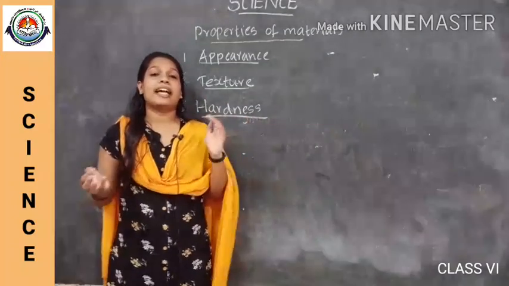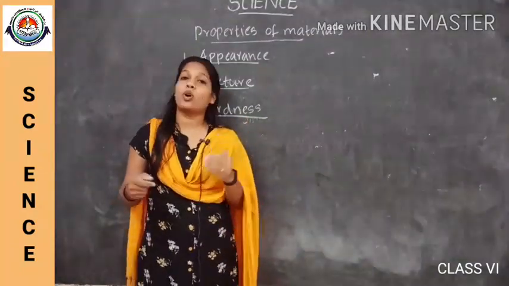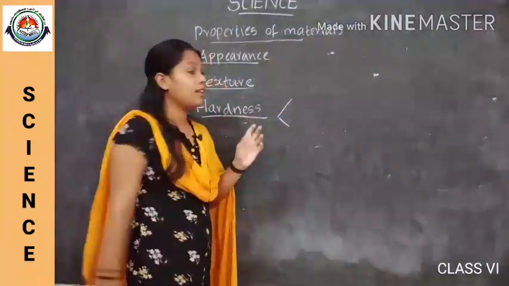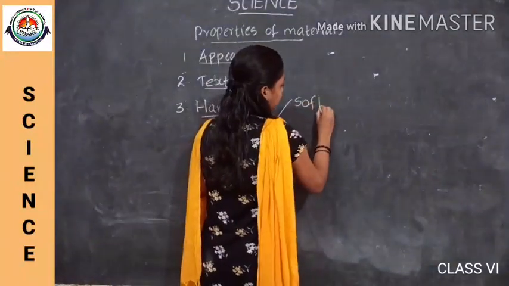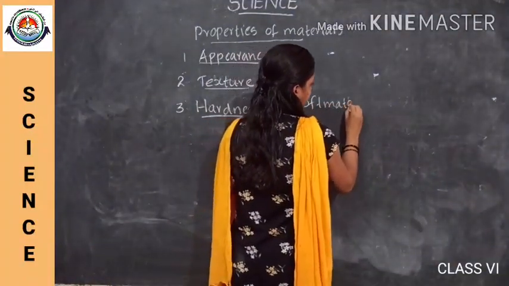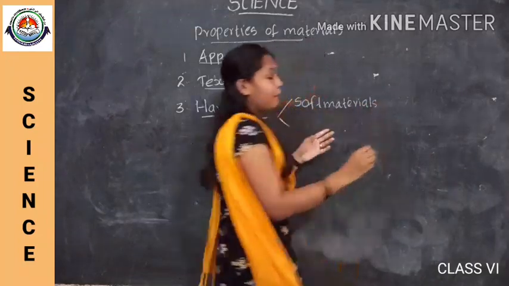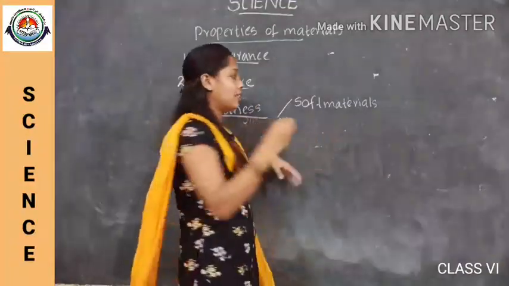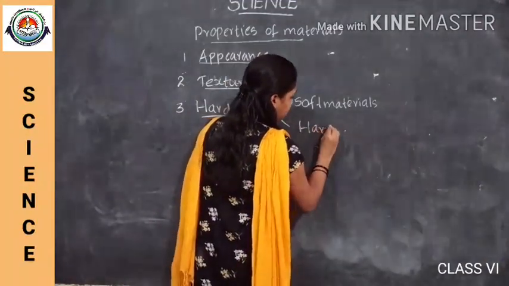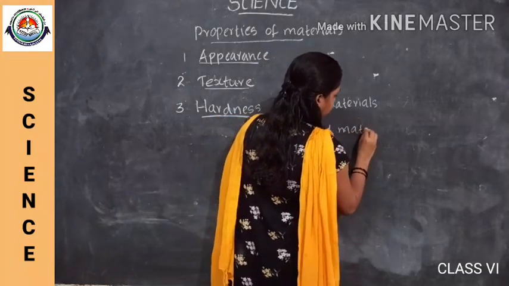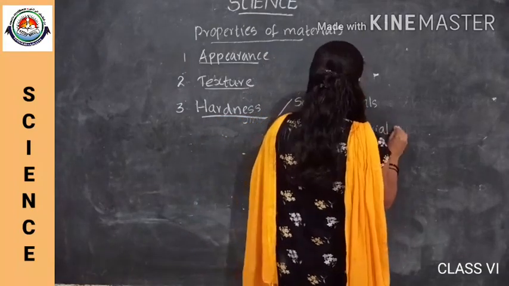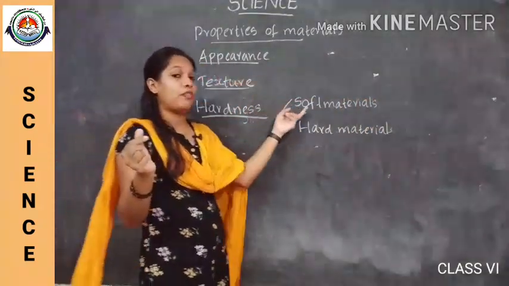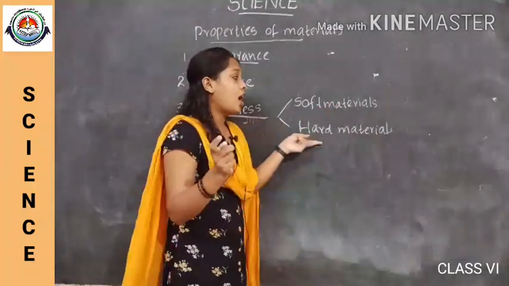The materials that can be compressed easily are called soft materials. According to hardness, there are soft materials and the materials that will not be compressed easily are called hard materials. So based on hardness, materials can be classified into two: soft materials and hard materials.